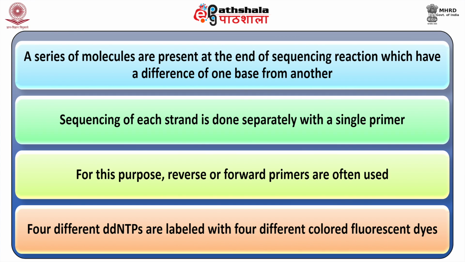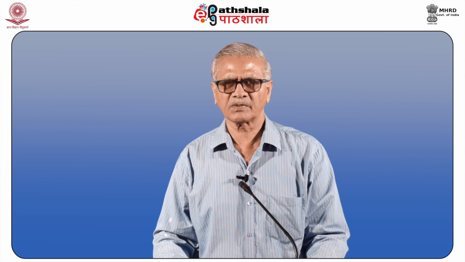Four different ddNTPs are labeled with four different colored fluorescent dyes. Red dye is used to label ddTTP, or thymine. Green dye is used to label ddATP, that is adenine.